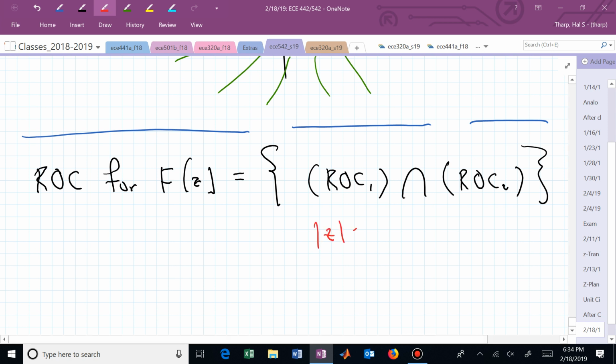ROC1 said that the magnitude of z was less than 3. ROC2 said that the magnitude of z is bigger than 1/2.